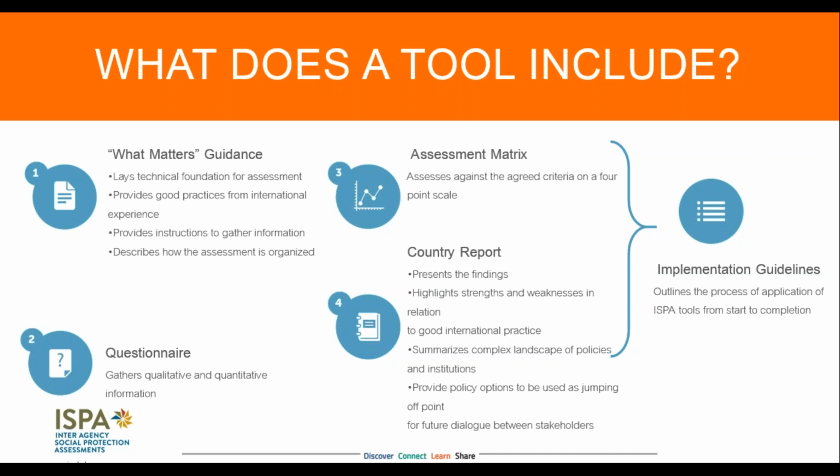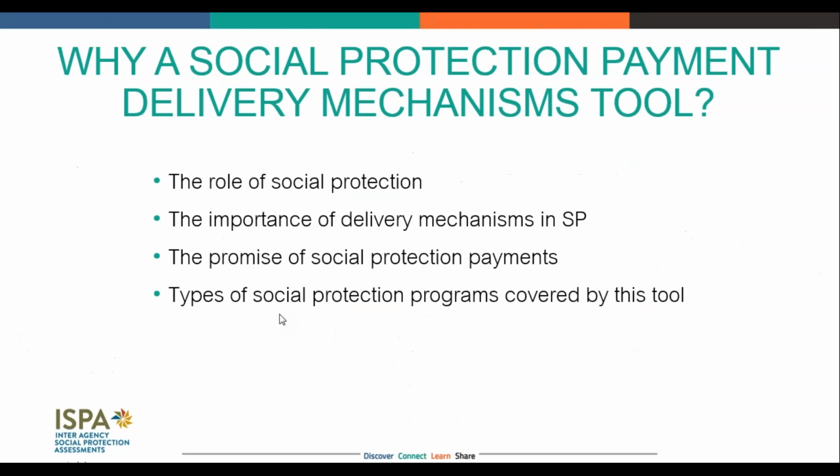That's all captured in the country report, and accompanying all of that is a set of implementation guidelines, which are really designed to help the user to channel the process a bit more clearly. So I've taken up far too much time. Let's jump to the next slide if we can, and at that point I will pass over to Laura Rawlings.